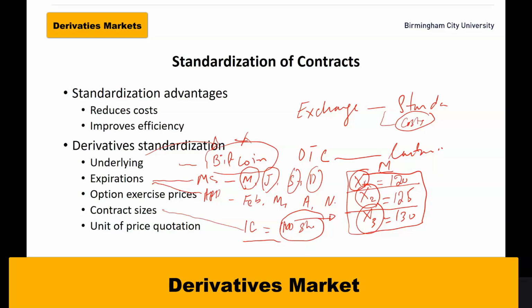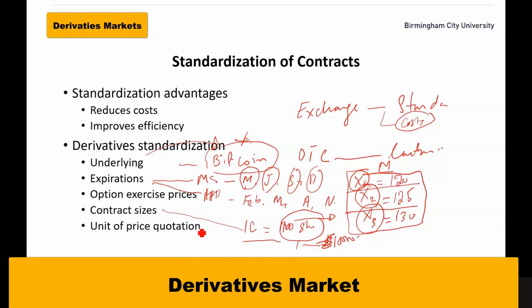If it is a gold contract, what will one gold contract be worth? If it is a currency contract, what will be the size of the currency contract? If I buy one contract on the pound, let's suppose, or dollar or any other currency, how much will this contract size be? Let's suppose $100,000 or make it 100,000 euros.